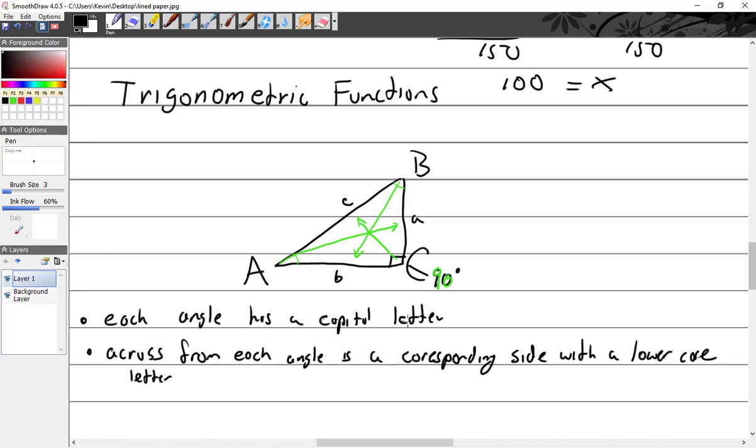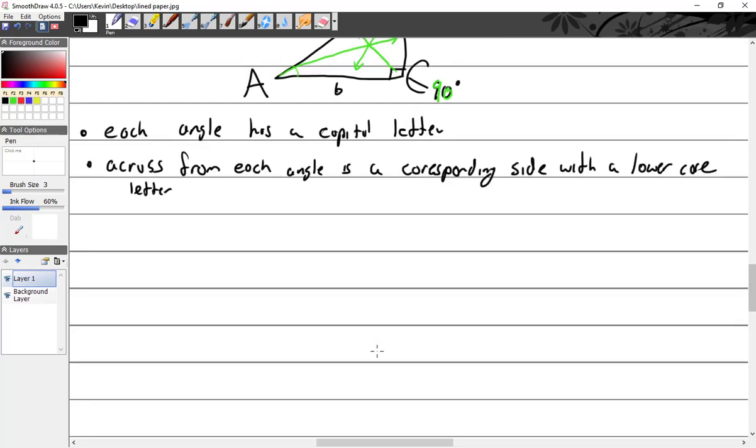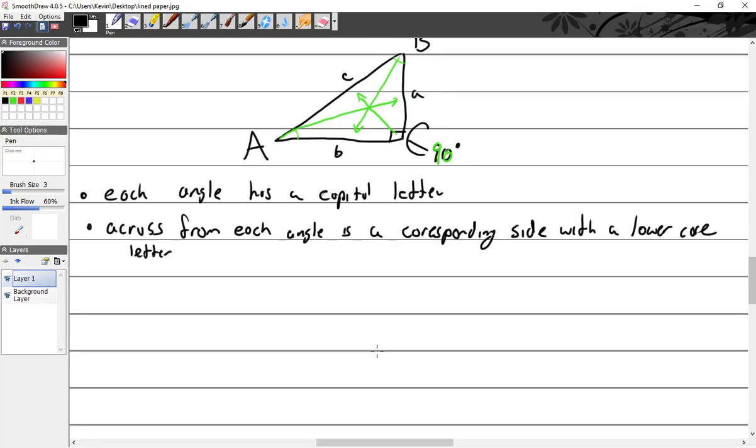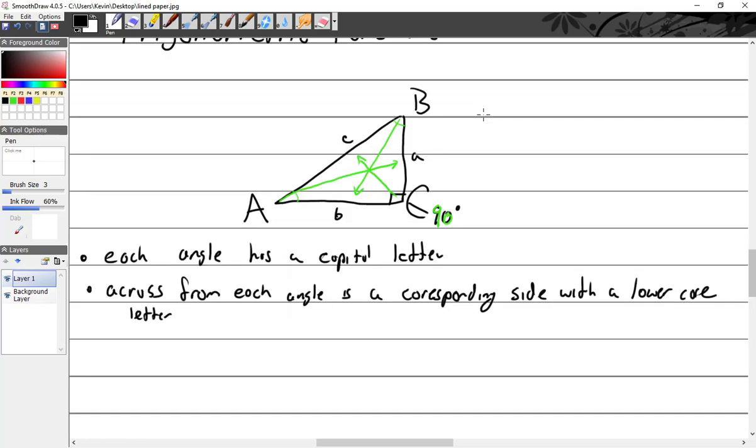All right. And this ratio thing that I'm talking about, I'm going to scroll down a little bit. I wrote in my notes, side a is opposite from angle A. So little a is opposite of this A. What is C referred to? This line right here. Does this word sound familiar?